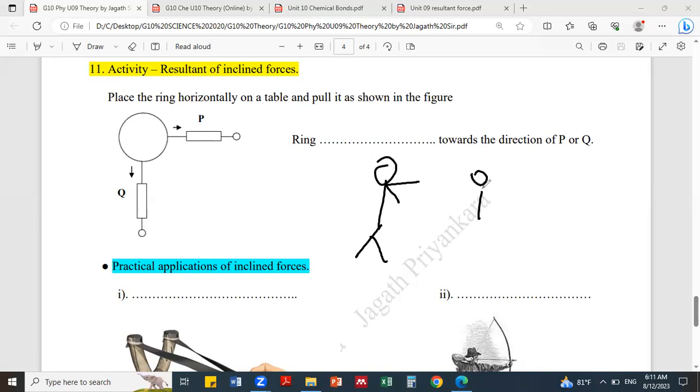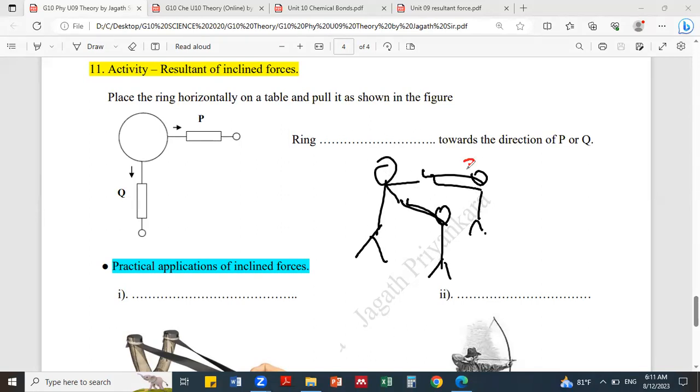Someone is pulling from this hand and the other person is pulling from this hand. Which direction will you move? Will you move towards this person or this person, or what will happen?